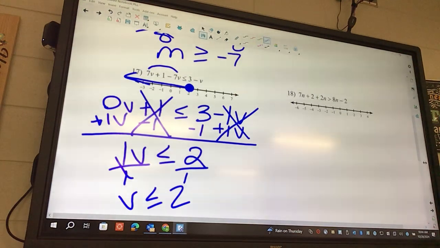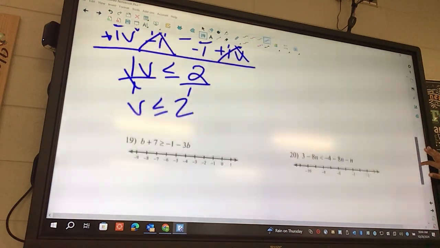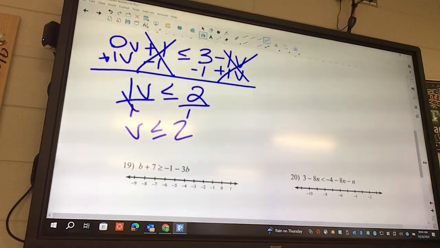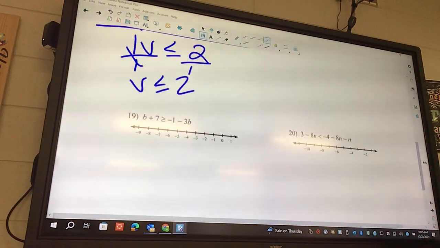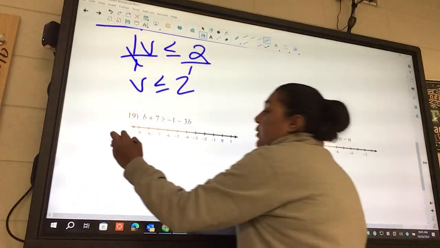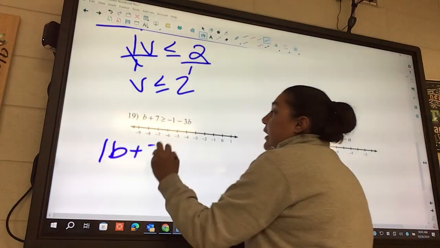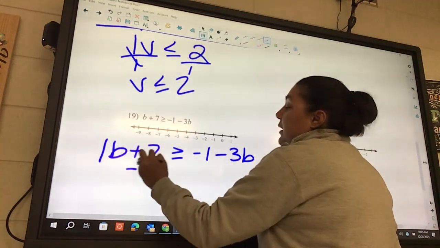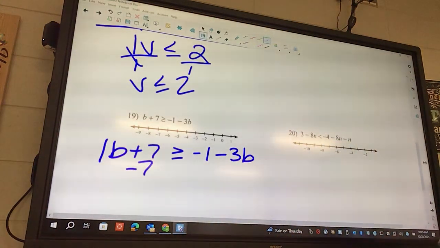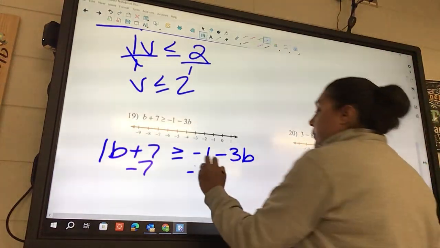Okay, last one, 19, sorry. Is there parentheses? No. So our next step is gonna be to combine. There's no one to combine, so we're gonna move our letters to the left and the numbers to the right. So who can get moved? The 7's gonna get moved, and he's gonna go under the -1.